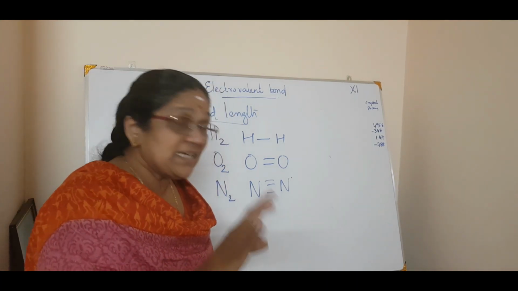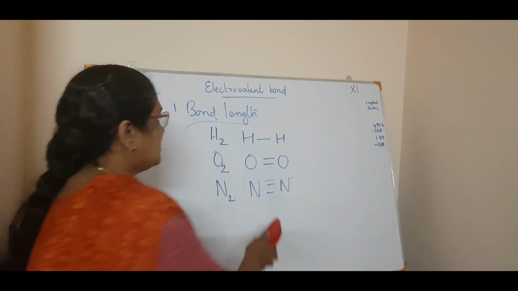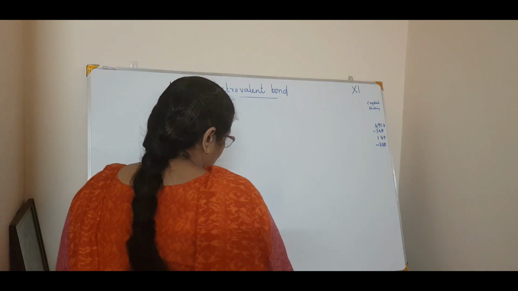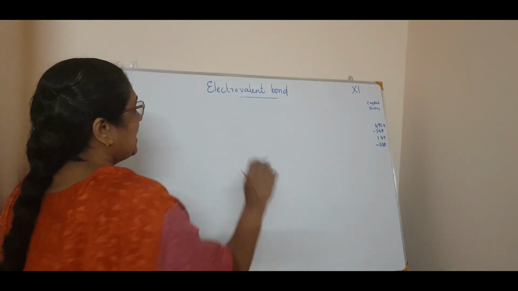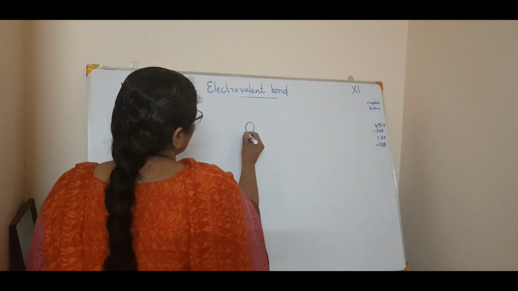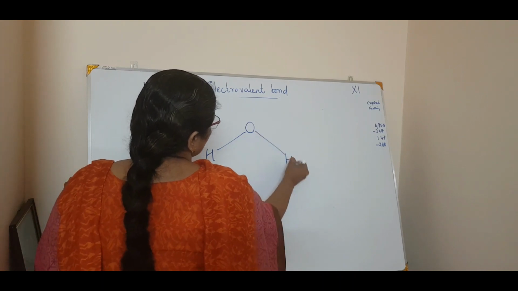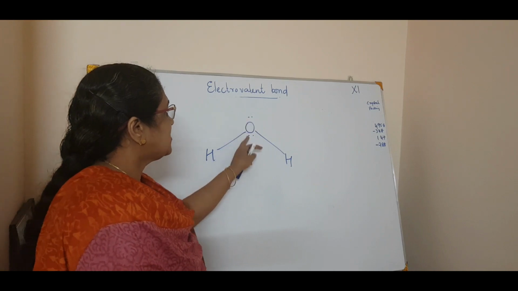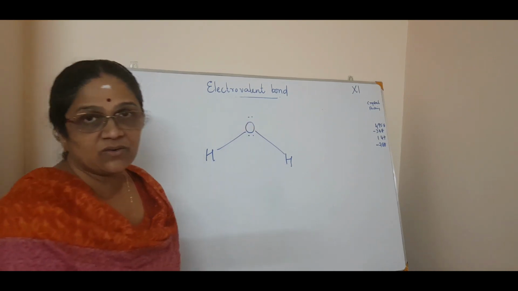Okay. So that is about the bond length. Now we will see what is bond angle. For example, if I take a molecule of water, this water molecule contains two lone pairs of electrons and two bond pairs of electrons.